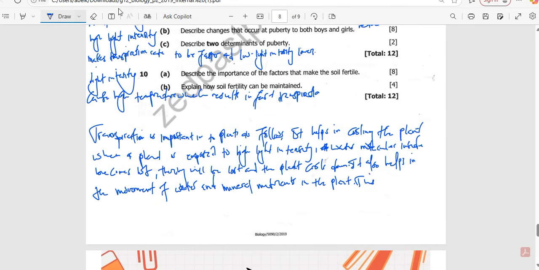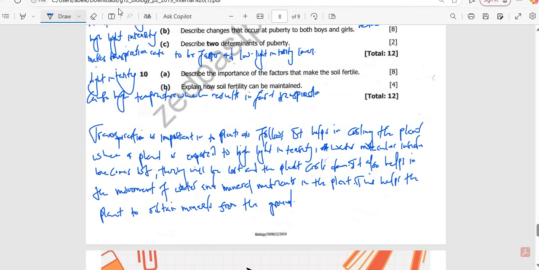So this helps the plant to obtain or to get minerals from the ground. Okay, so that is how it helps the plant to obtain minerals and water from the ground through the process of transpiration.